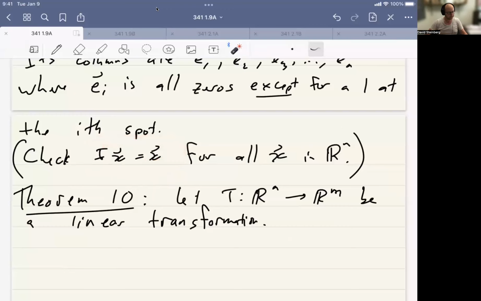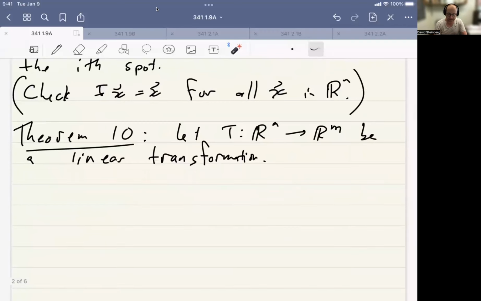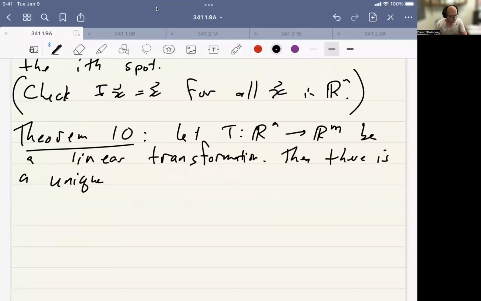Okay, we have this Theorem 10 that says if we let T be some linear transformation from Rn to Rm, then there is a unique matrix A such that the thing we want is true.